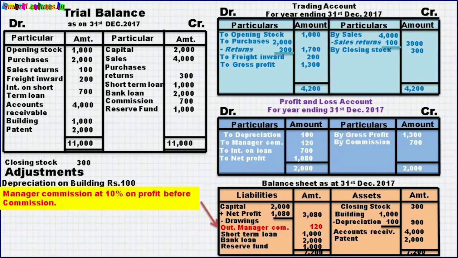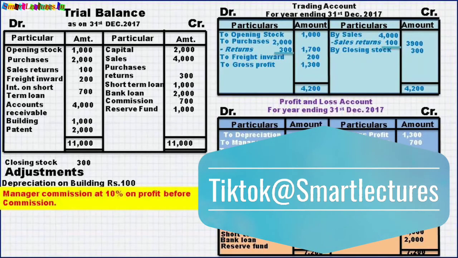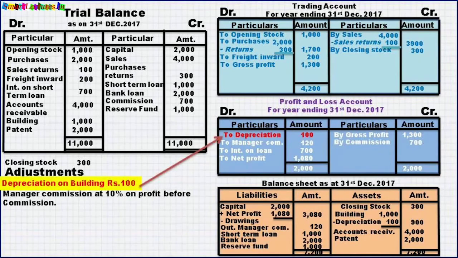Secondly, it will become the liability for the firm. And if there is depreciation, number one, it goes to the debit side of profit and loss account, and number two, it goes to the asset side and reduces the value of that asset in the balance sheet on asset side.